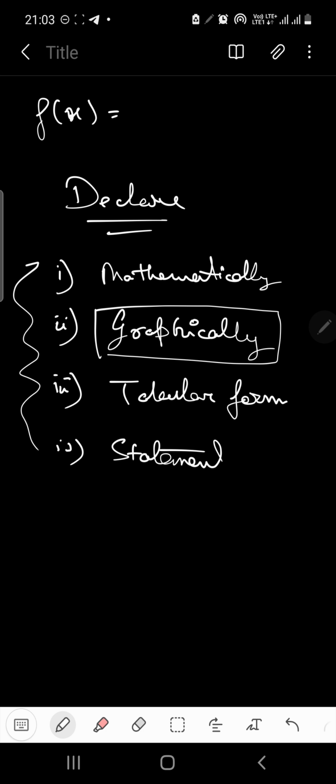What is the nature of movement of the function? What is the pattern which the function tries to show us graphically? So it carries the complete details of a given function. The graphical representation of a function is very important to understand mathematics.